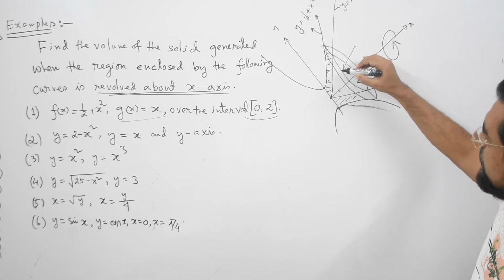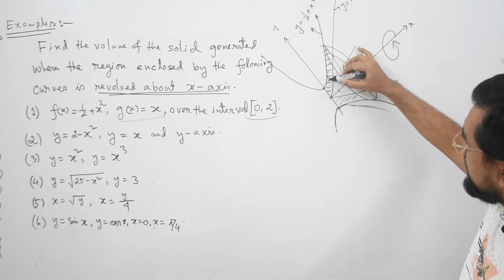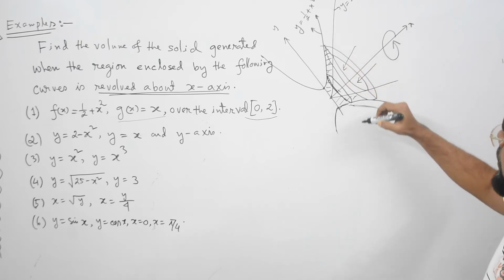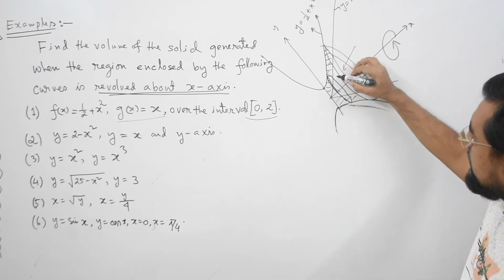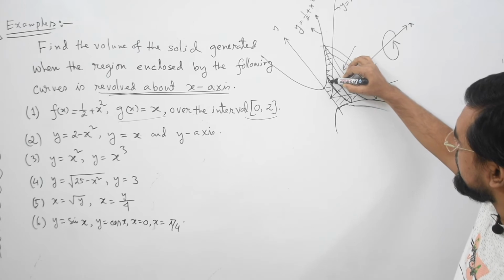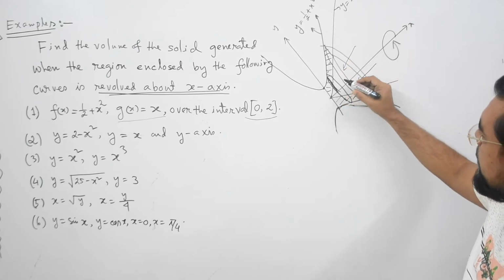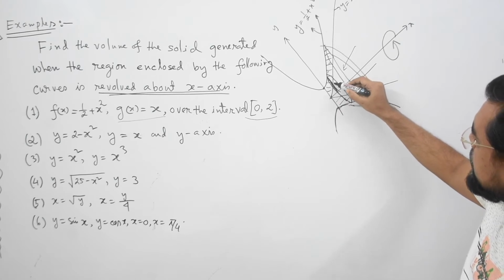So let us try to take a cross section here, which will be something like this. This is a cross section, and f(x) will be this one, since this is our x-axis, and g(x) will be this distance.